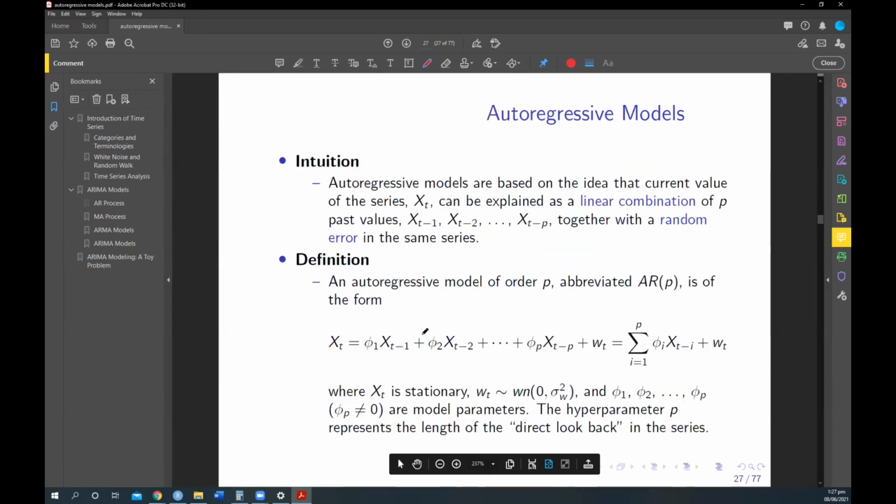Okay, so let's now discuss the autoregressive model. In ARIMA, this is the AR part. So what's the idea? Autoregressive models are based on the idea that the current value of the series x sub t can be explained as a linear combination of p past values.